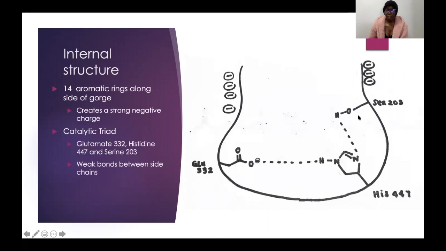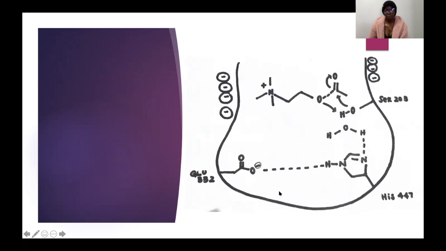And then down here we have our catalytic triad consisting of glutamate 332, histidine 447, and serine 203. You can see here that all of the amino acids, all 3 of them, are actually stabilized with each other by associating weak bonds with their side chains.